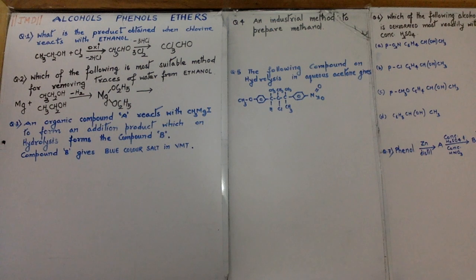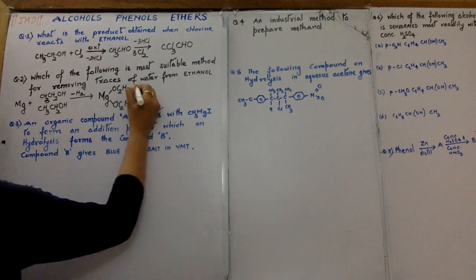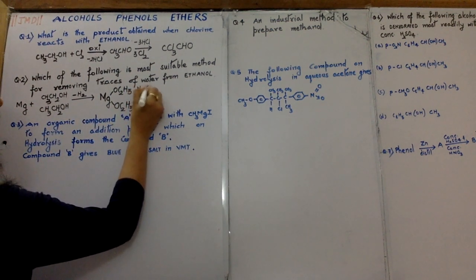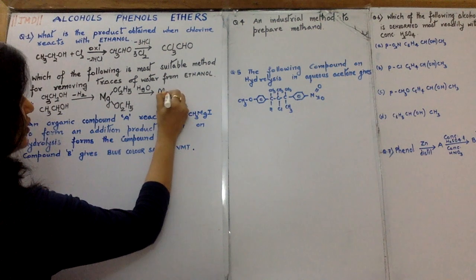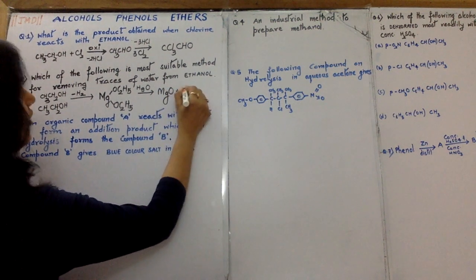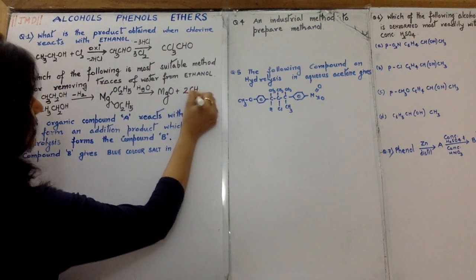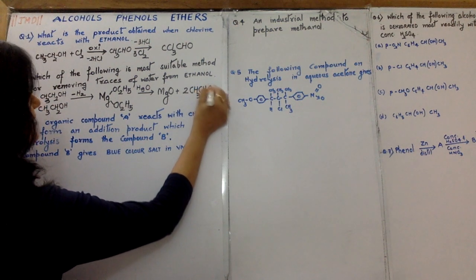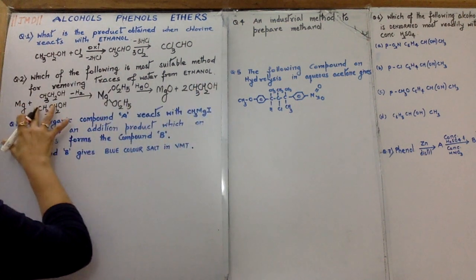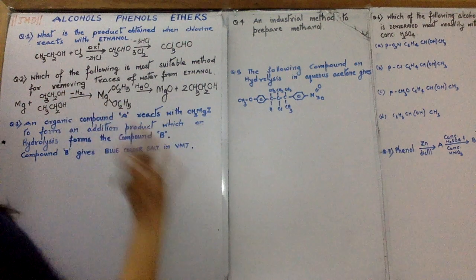Now from here we will be getting 2 molecules of ethyl alcohol by treating it with H2O. So MgO gets separated, and those 2 ethanol molecules which earlier had moisture, now you get them outside dry.